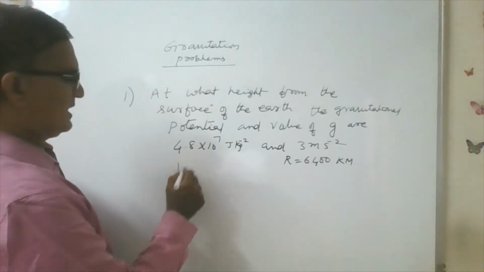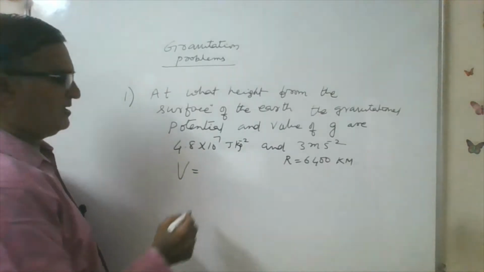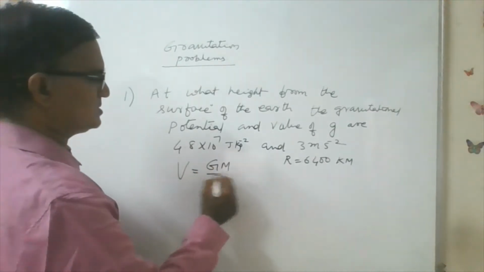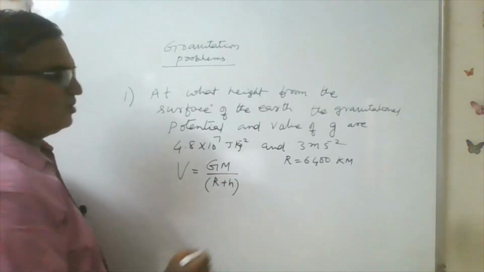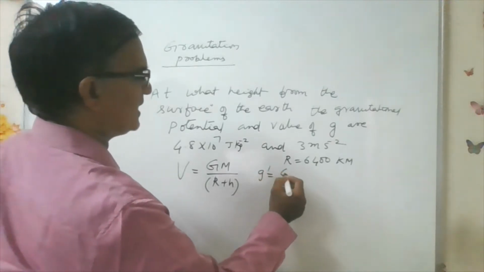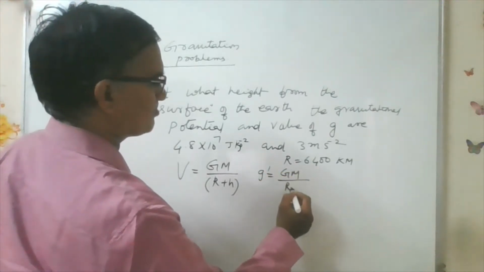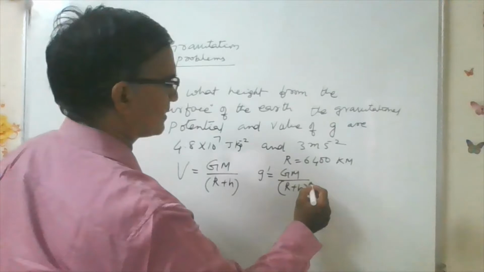Now you know the gravitational potential formula is given by V is equal to GM by R plus H. Now g dash is equal to GM by R plus H whole square.